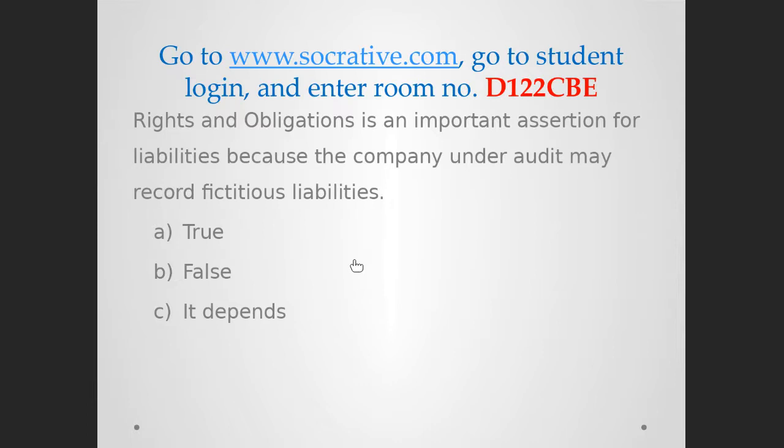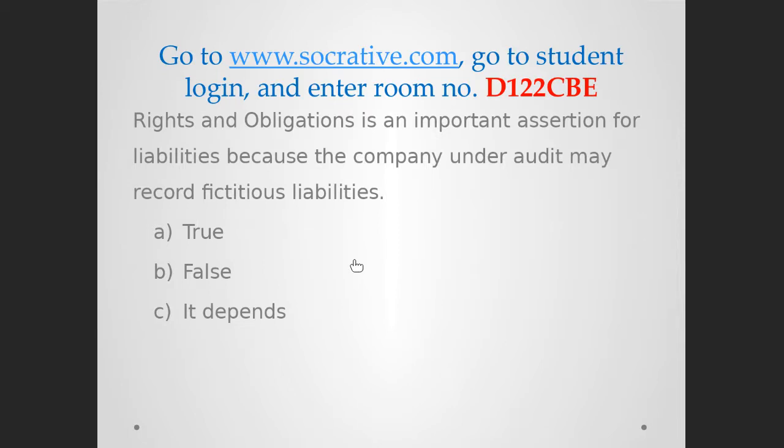Okay, so this very question also answers your concern, Sharat. Are you following? There is a question like this in the exam, and rights and obligations are more important for accounts receivable. You will find accounts receivable that are not actual receivables.